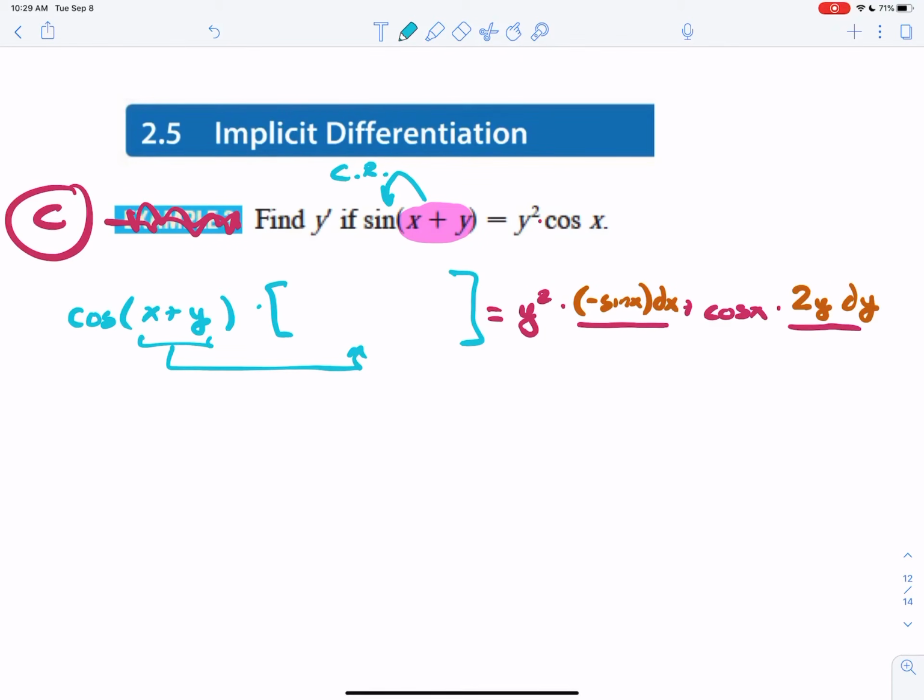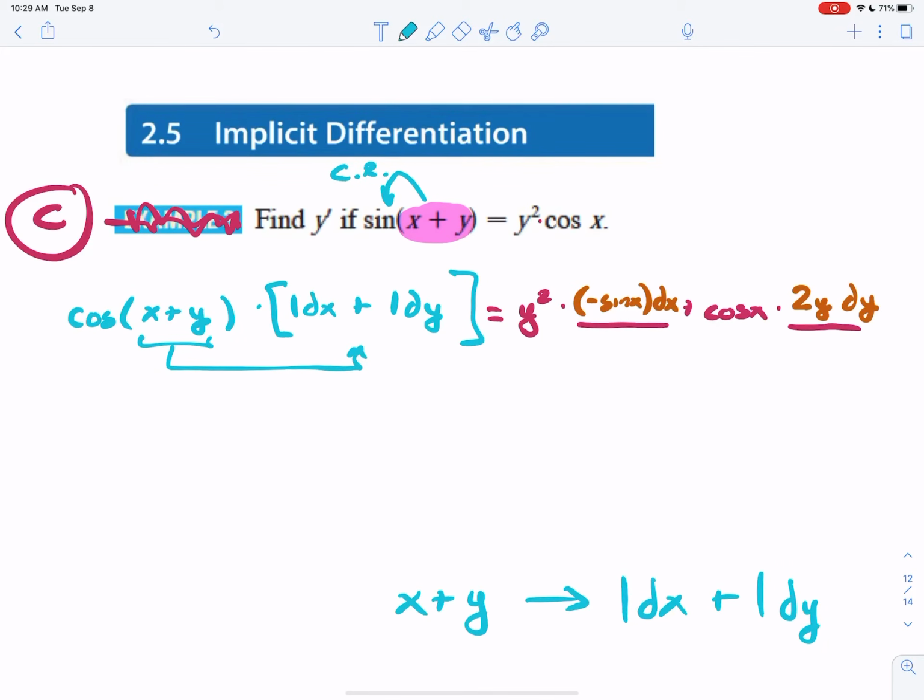What is the derivative of x plus y? The derivative of x plus y is 1 dx plus 1 dy. Again, you don't have to put the ones, but I'll leave that there. Replay that a couple times.